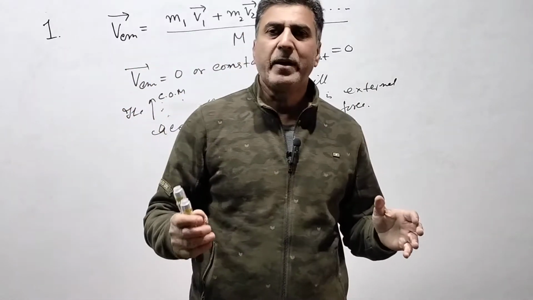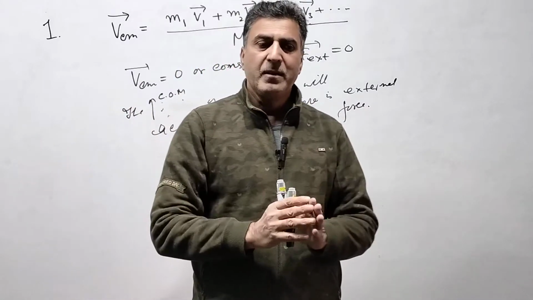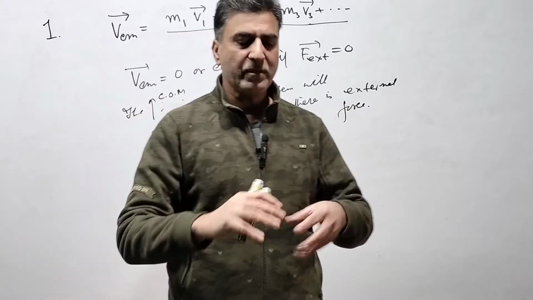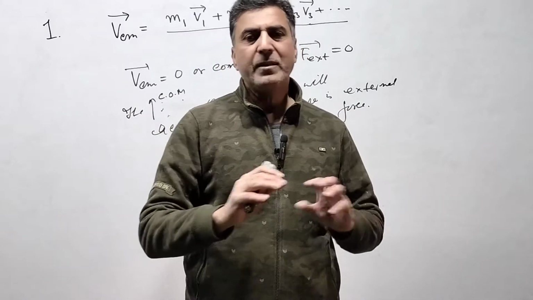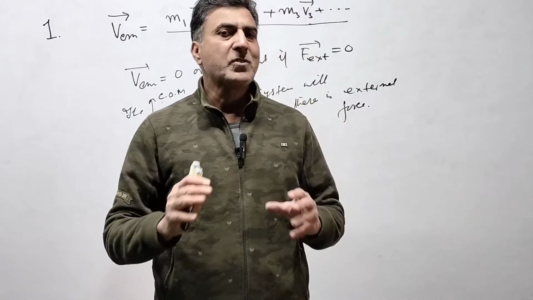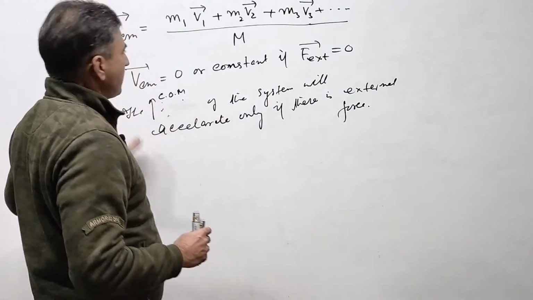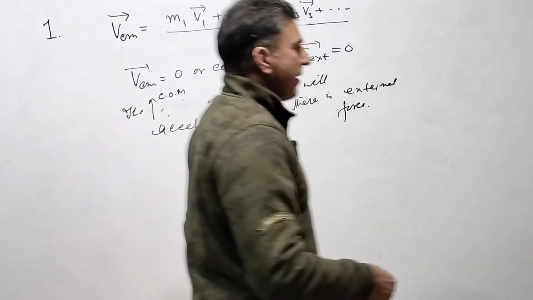The velocity of the center of mass will change only if there is an external force. Internal forces of all these bodies together cannot change the velocity of the center of mass of that system. That's all. This is the basic rule, right? Number one.